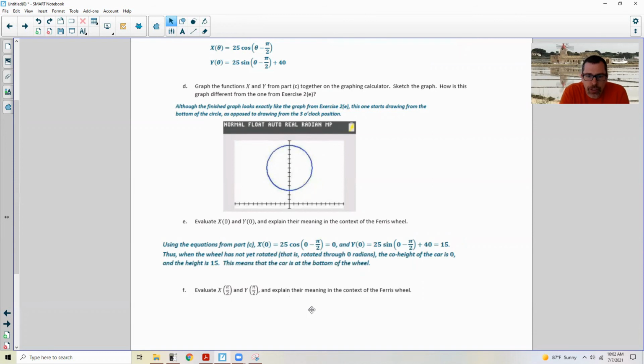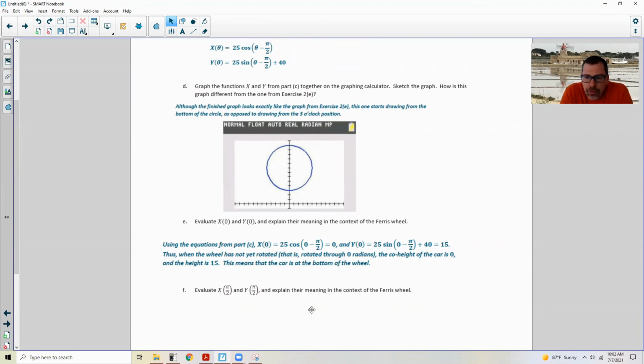So using the equations from this part, 25 cosine (0 minus pi over 2) will equal 0. And y of 0 is 25 sine of (0 minus pi over 2).